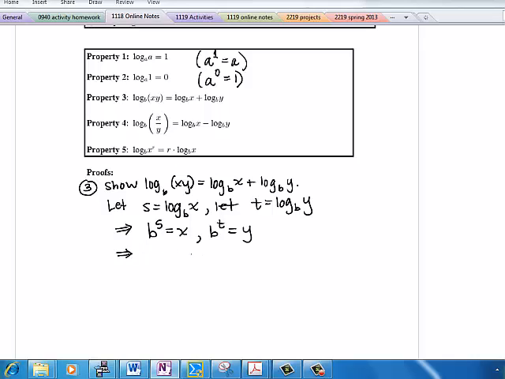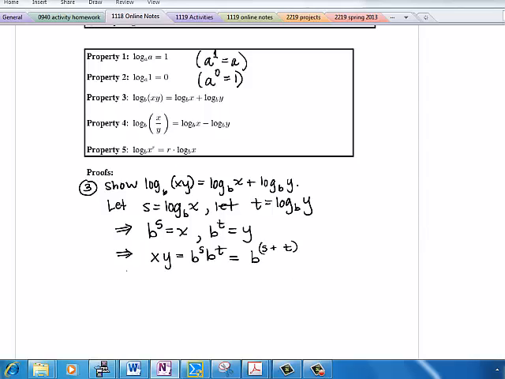So if we look at x times y, that would be b to the s times b to the t. And if you think about how the properties of exponents work, we could rewrite that as the expression with a single base, b to the s plus t. So we would add the exponents.